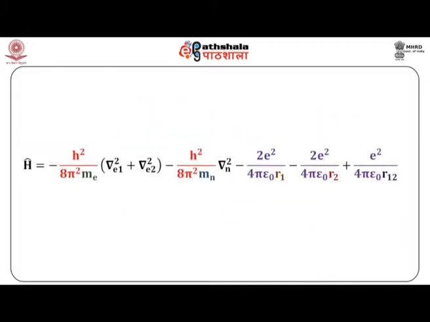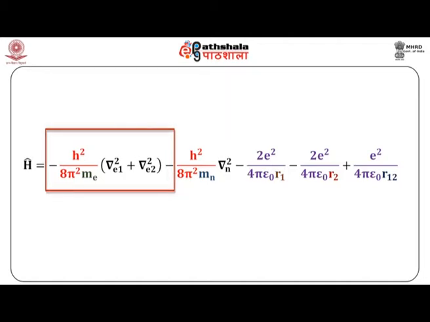If we look at the corresponding Hamiltonian for the helium atom, it looks like H cap is equal to minus h²/8π²m_e, where m_e is the mass of the electron, then we have ∇₁² plus ∇₂².